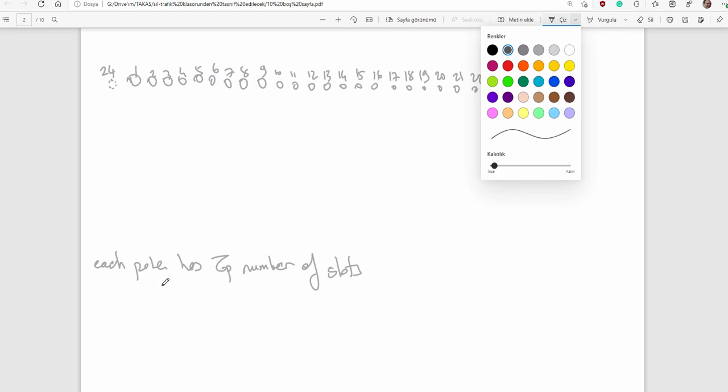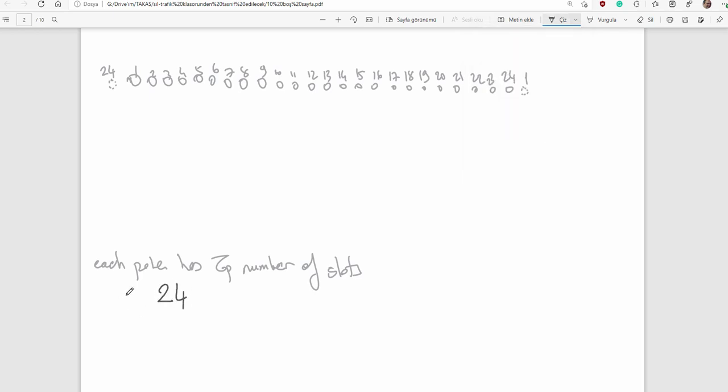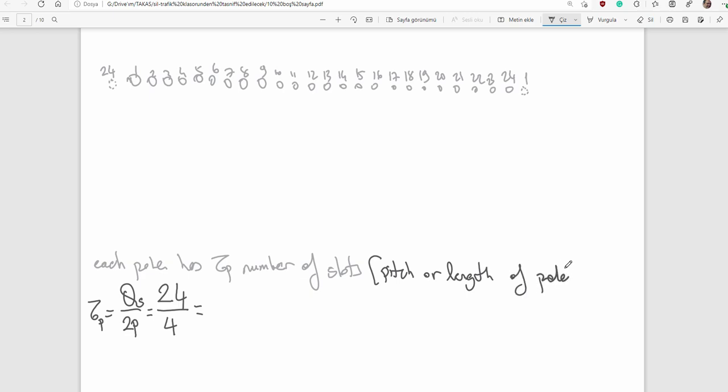The machine has 24 slots, and since the machine can carry 4 poles, that is the tau p, the pitch or length of the pole. That is 6 slots per pole.